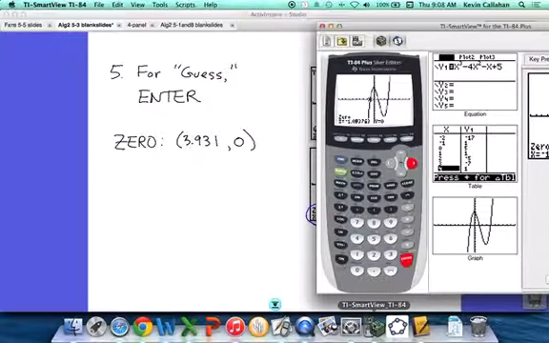If I say trace, that puts the cursor on the graph. Then maybe you can move it left or right and get close to zero, but it's not going to be exactly y equals 0. That's not good enough. You have to do second trace for calc and then do 2. Just hitting the trace button gets you close. It does not get you exactly there.